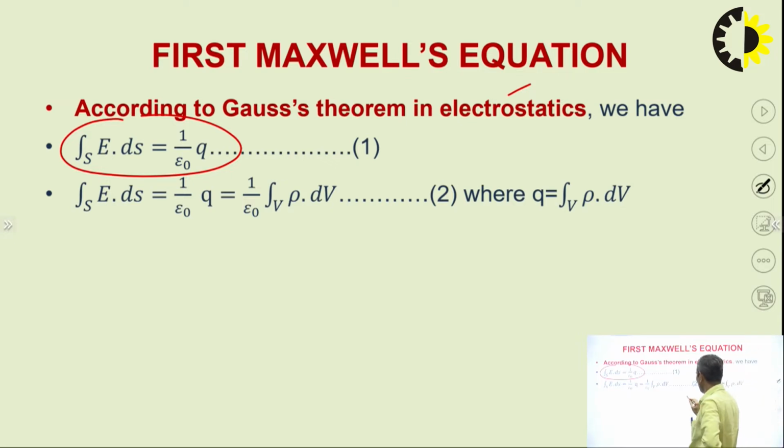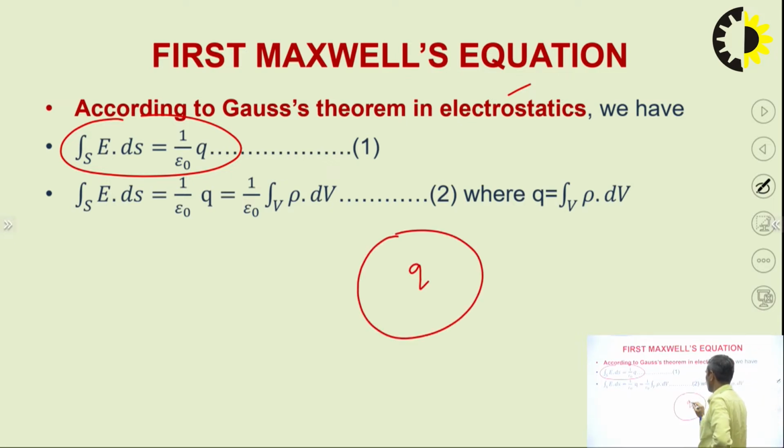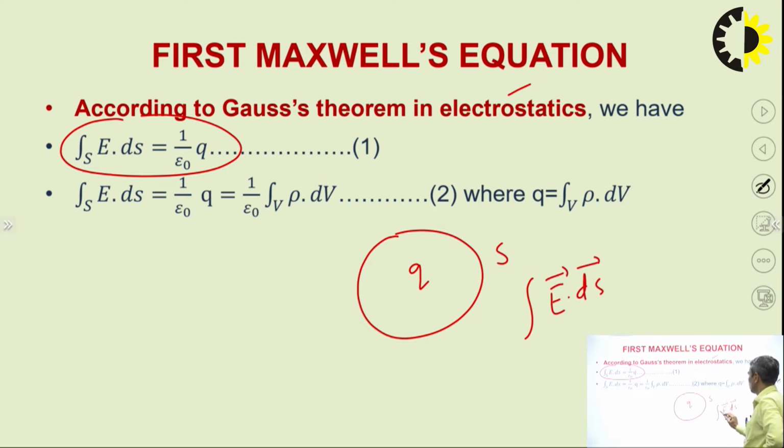Suppose a charge q is enclosed by this closed surface S. If we calculate the flux through this closed surface S, it will be equal to the enclosed charge divided by the permittivity of the medium or free space.